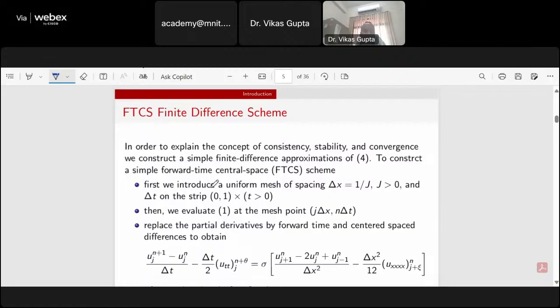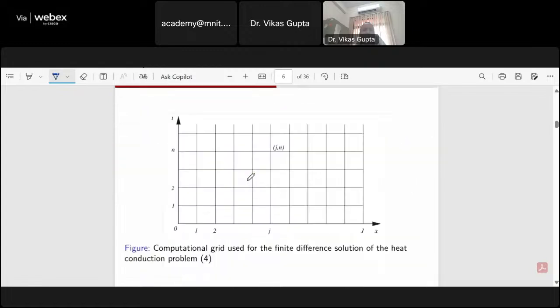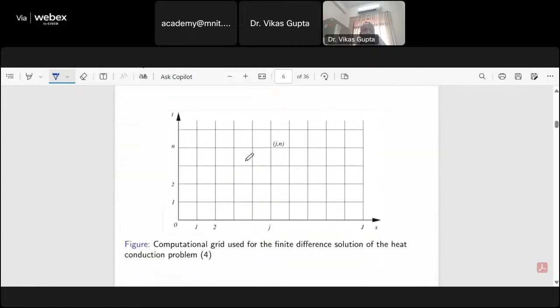Thus we introduce that kind of mesh over the rectangular domain.